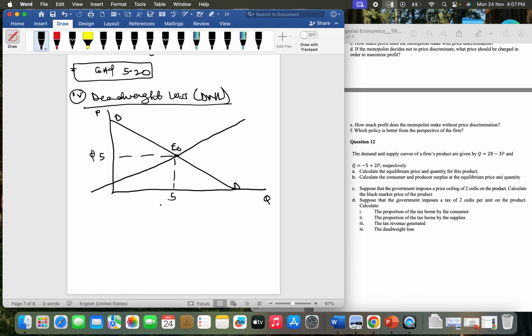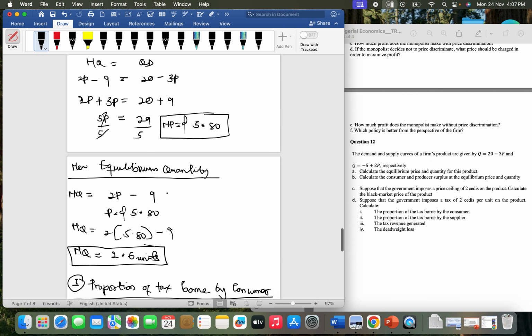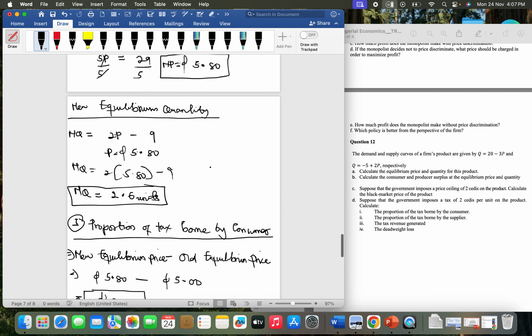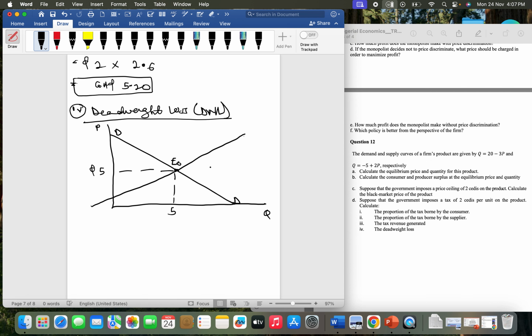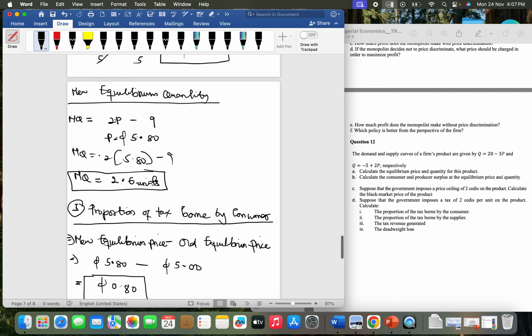Now after tax, let's check the after tax price. After there was tax imposed, we had a new price of 5.80 and quantity of 2.6. Let's cross check it.